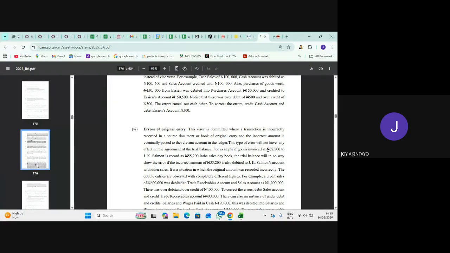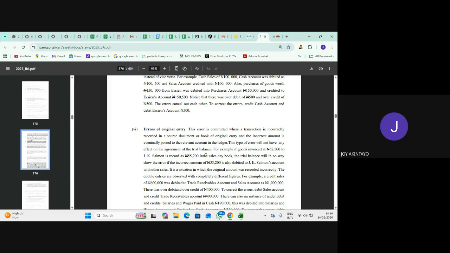The original amount is 52,500, but we overstated our sales at 55,200. The trial balance in no way shows that an error has occurred, whereas there is actually an error. It is a situation in which the original amount was recorded incorrectly.